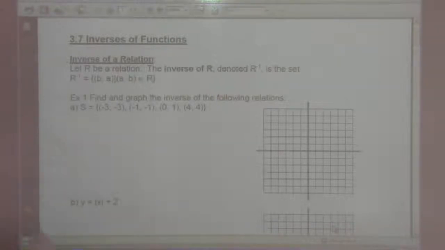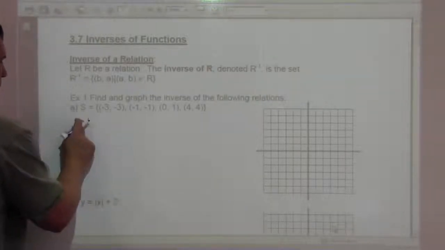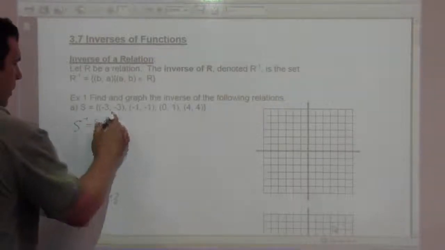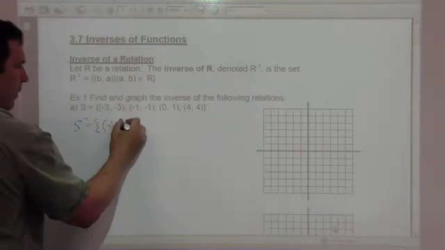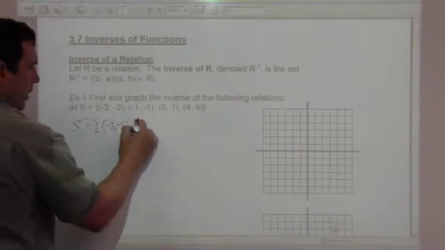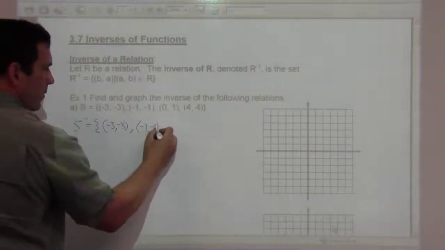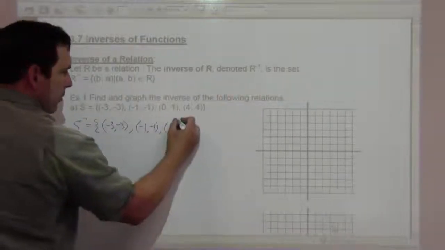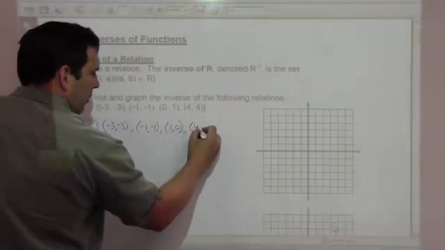So find and graph the inverse of the following relations. So S inverse here is going to be, well, -3 took you to -3, so this -3 takes you to that -3. -1 took you to -1, so this -1 takes you to that -1. 0 took you to 1, so that means that 1 will take you to 0. 4 takes you to 4, so that 4 takes you to that 4.